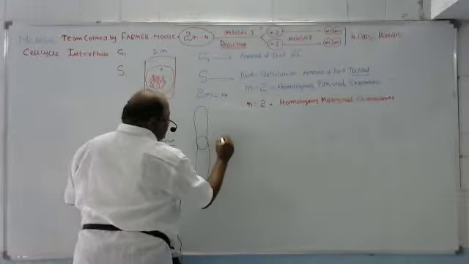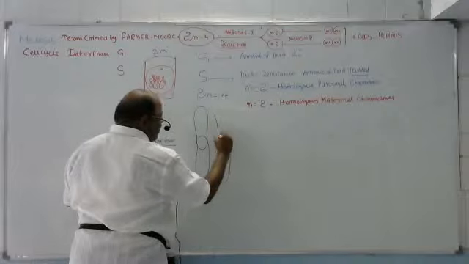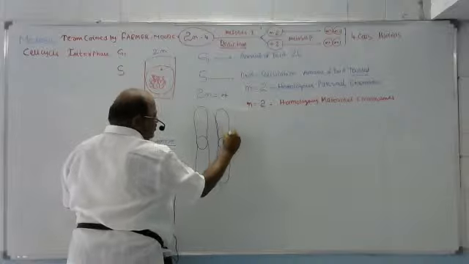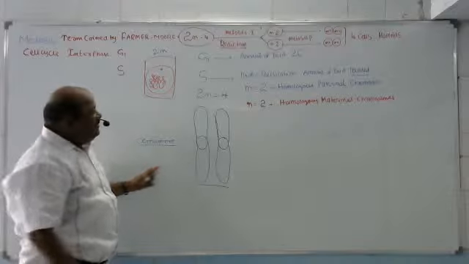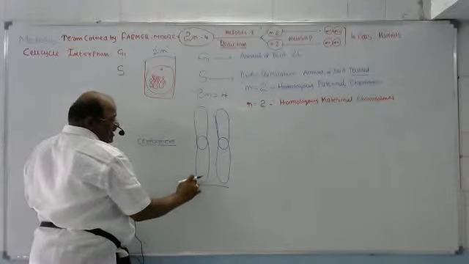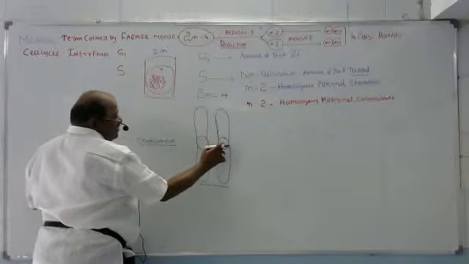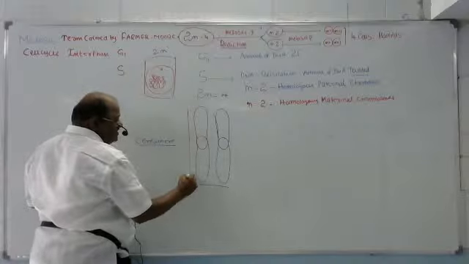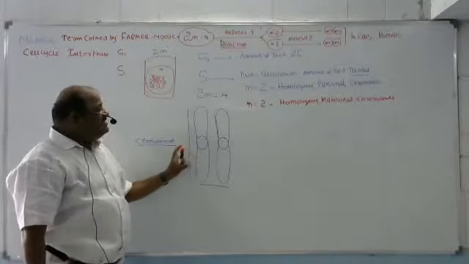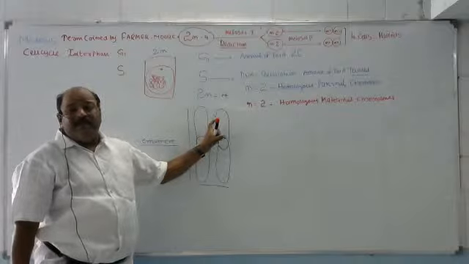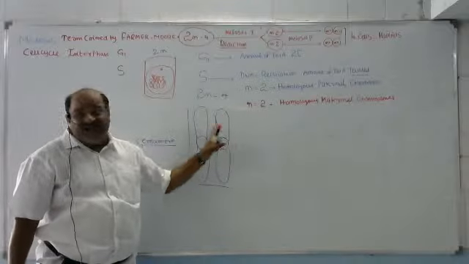Now, this is another chromosome. So, these are homologous in nature. Means their position of the centromere is the same, their length is the same, their shape is the same. Hence it is called homologous paternal chromosome, if it is concerned with the father.